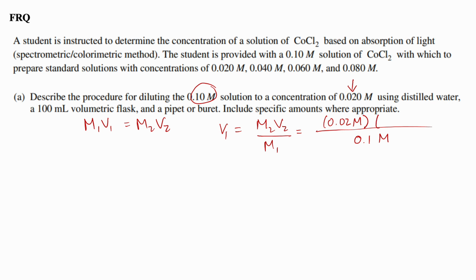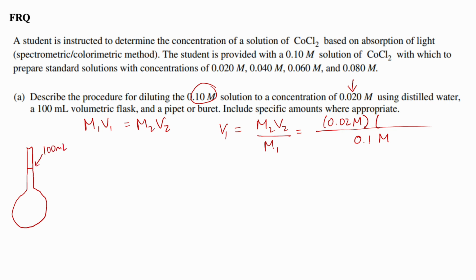And it doesn't technically give you the amount of volume you're ending up with. However, it's telling you that you have a 100 milliliter volumetric flask. Now we know with a volumetric flask, there is only one measurement on that volumetric flask. So in order to conduct the experiment, when you're measuring this dilution out, you have to stop at that 100 milliliter mark.